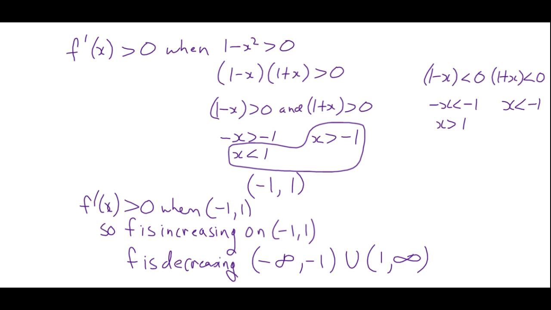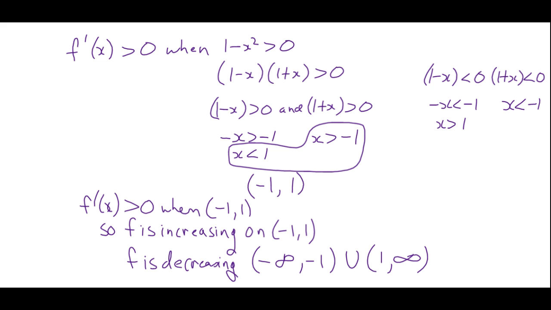It's decreasing to -1, then it's increasing, so there's a local minimum. And then it's increasing and then it's decreasing, so there'll be a local maximum at +1. So using this result and the first derivative test, we have a local minimum at -1, local maximum at +1.